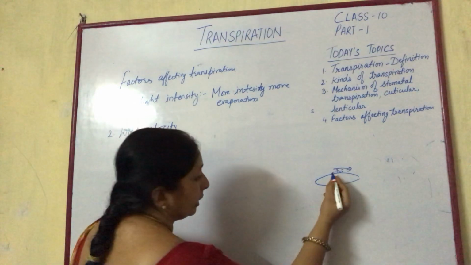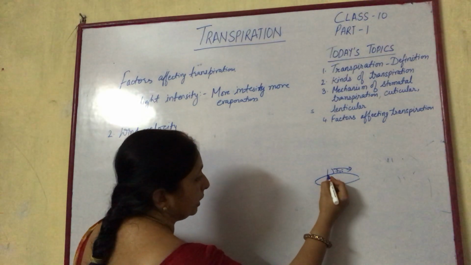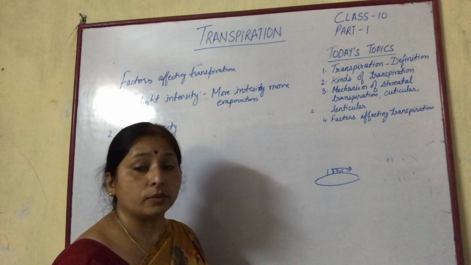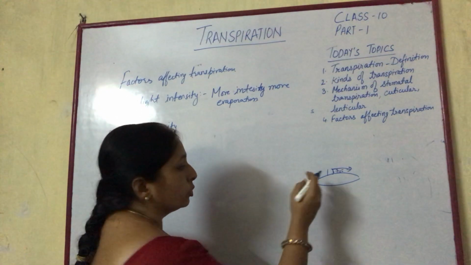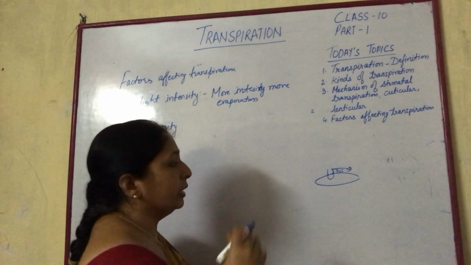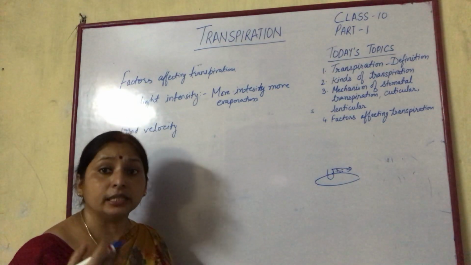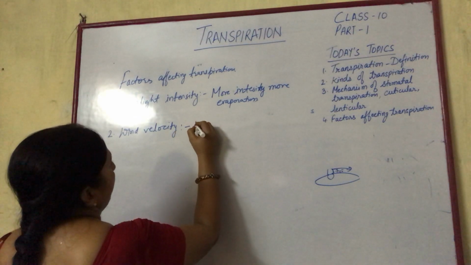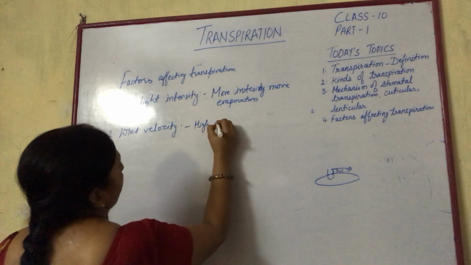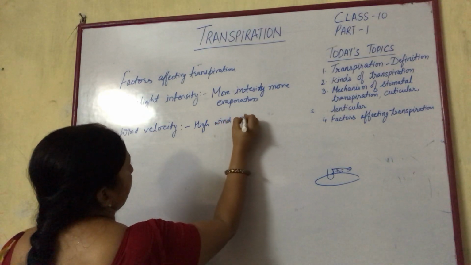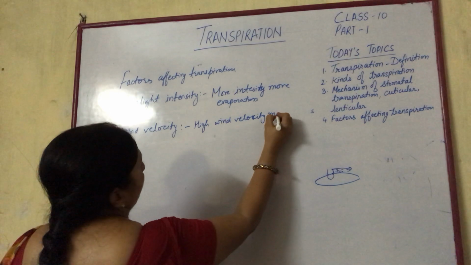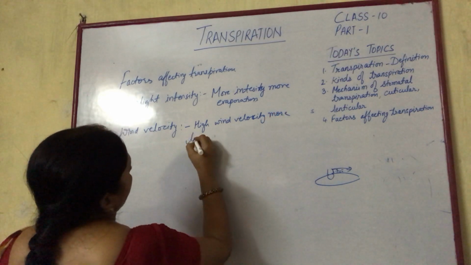That results in again making an area which has less water vapor concentration. So when the wind velocity is high, there is more evaporation or transpiration. High wind velocity, more transpiration.